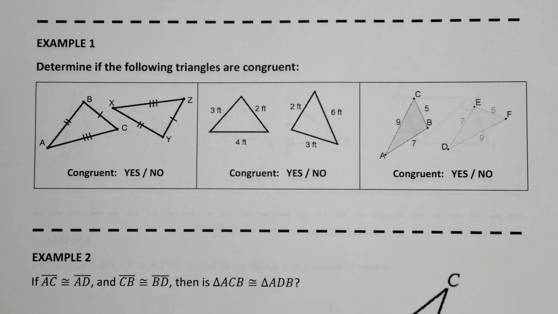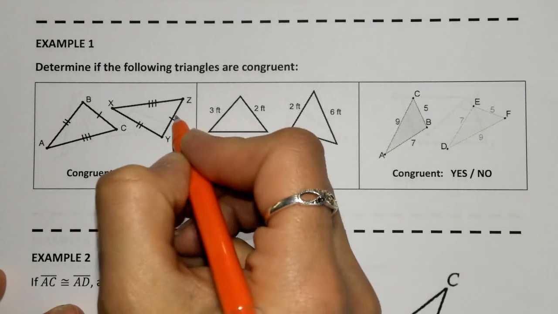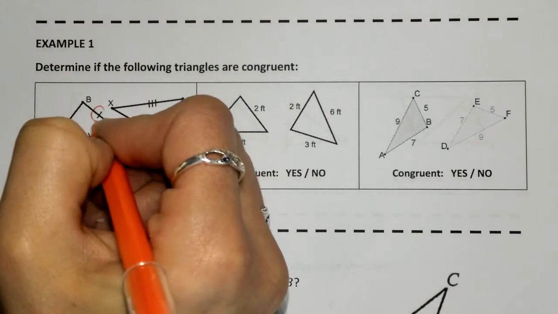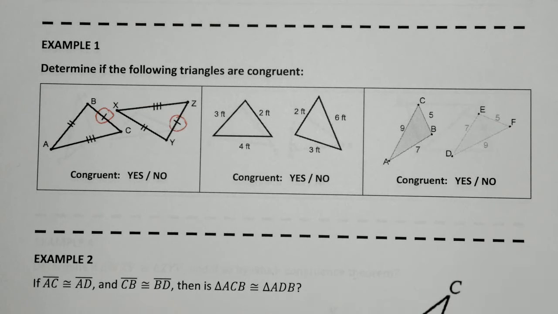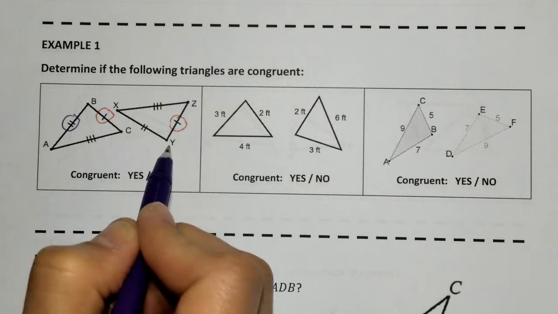So we'll look at this first example and say, okay, are they congruent or are they not? What we're going to see in this first example is I have a single tick mark at segment YZ, and I have one right here at BC. So we have a side that's congruent. Then I've got two tick marks at AB, and I have two tick marks at XY.